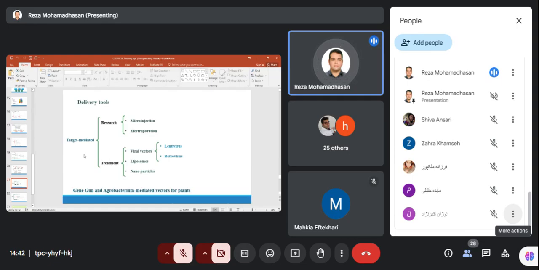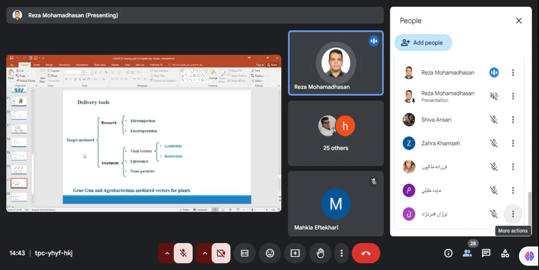In research, you can use micro-injection and also electroporation. But in treatment, viral vectors, particularly lentivirus and retrovirus, work for you. But also you can use liposomes and nanoparticles.